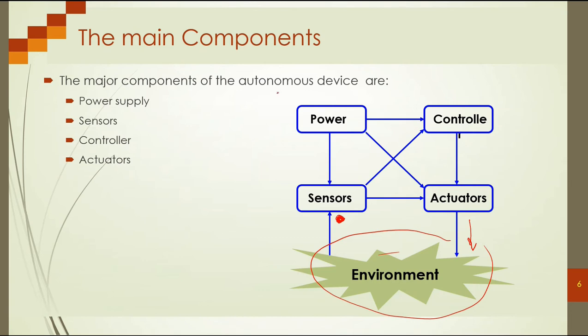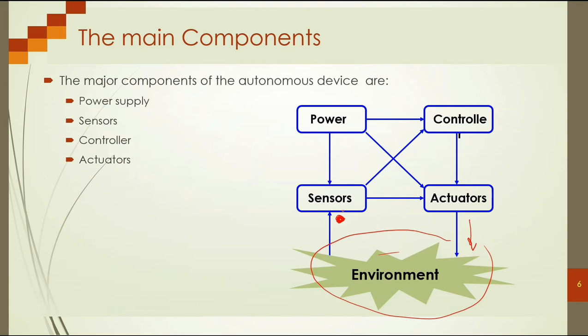Okay, guys, sorry, so you don't get confused: sometimes when I say autonomous device, I mean the whole system, the robot, the machine. When I say input device, that means maybe one of the sensors, and the output device is one of the output devices.